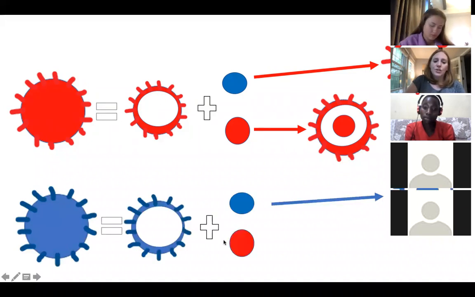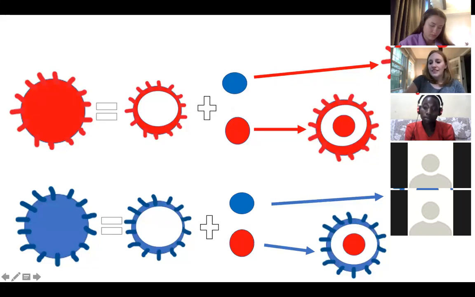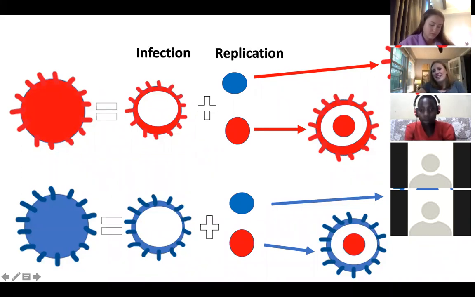When it comes to this virus and this virus, they're considered to be quote unquote normal. But the very bottom and the very top virus are considered to be mutations. Now, something that's important to know is that when it comes to that shell and that core, there are roles that the shell plays.